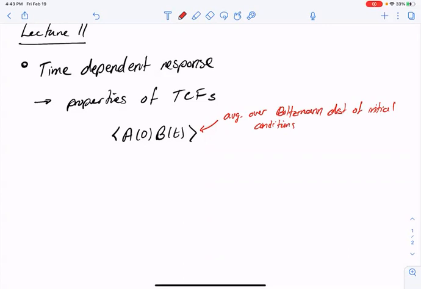Or, if you will, propagated using a Liouville equation from an initial measure invariant under that action.